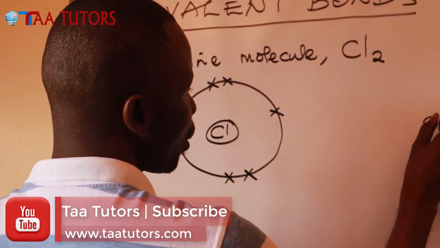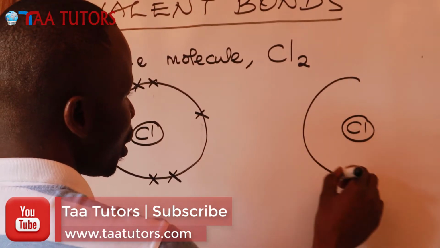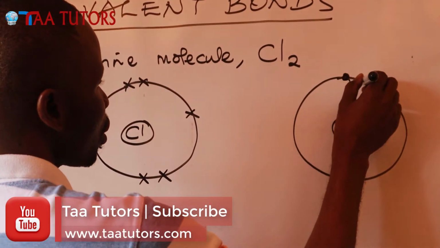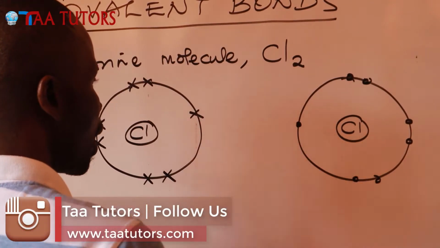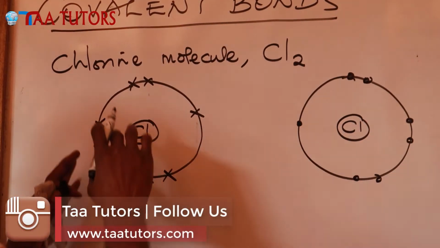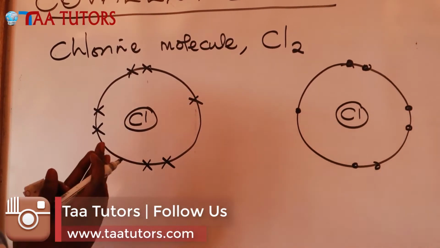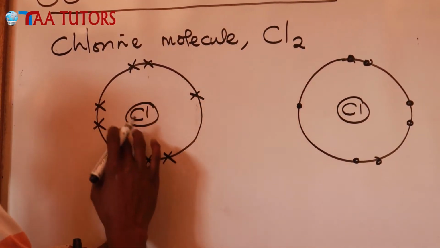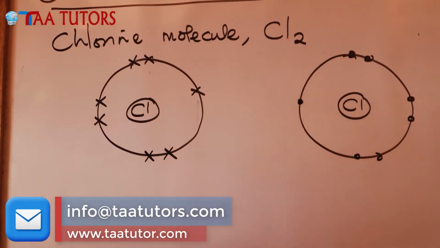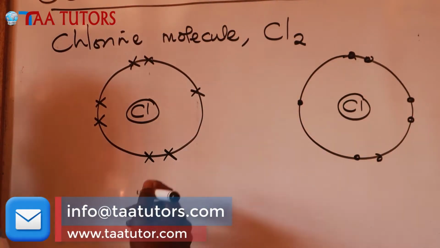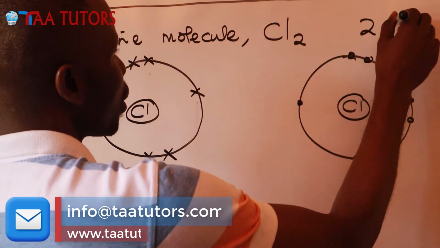Let me also draw another chlorine atom here and use dots to indicate its electrons. It has 17 electrons, but the other two energy shells do not take part in the bonding, so we don't have to indicate them. The electron arrangement is 2, 8, 7.